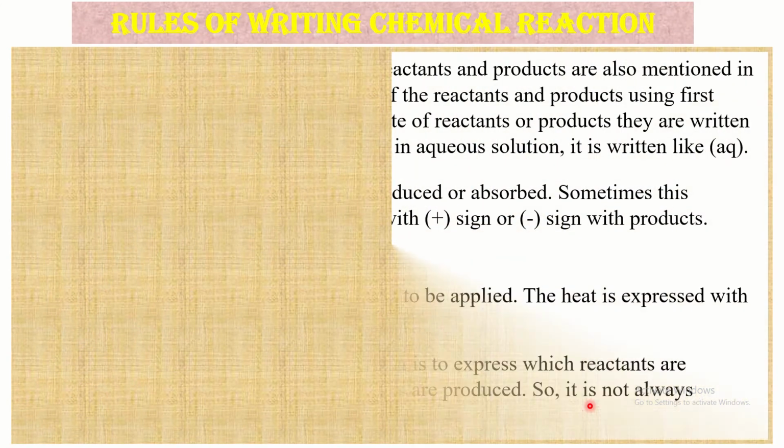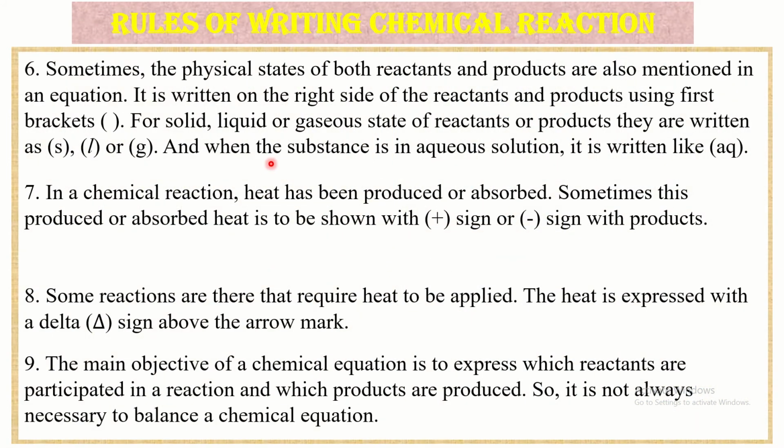Some more rules are: sometimes the physical states of both reactants and products are also mentioned in an equation. Physical states means the reactants and products are solid, liquid, gaseous, or in aqueous solution. And this physical state is written on the right side of the reactants and products using first brackets, like this.